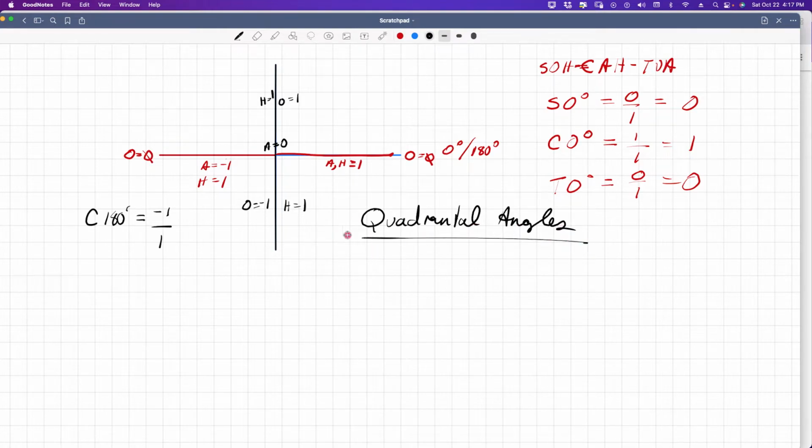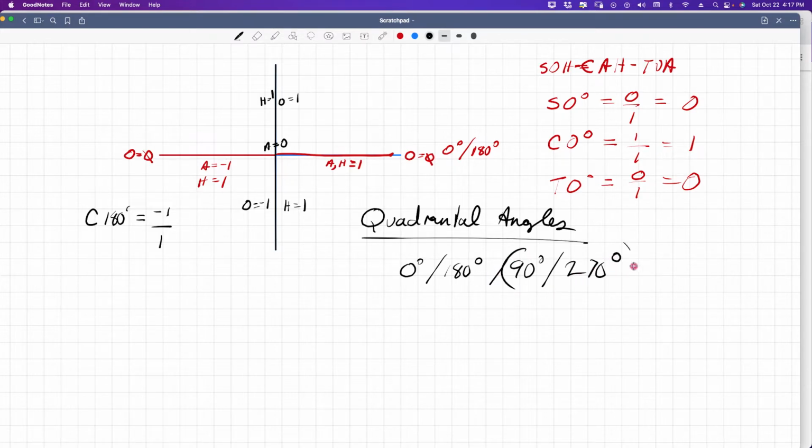That's what they're called when they lie on the axis. Those are called quadrantal angles, and they are 0 degrees, 180 degrees, 90 degrees, 270 degrees in no specific order.